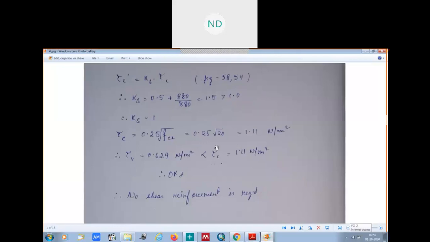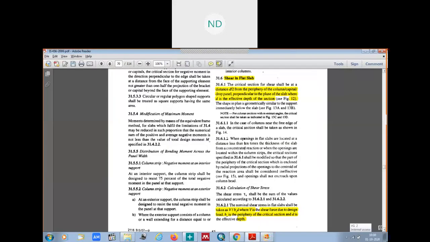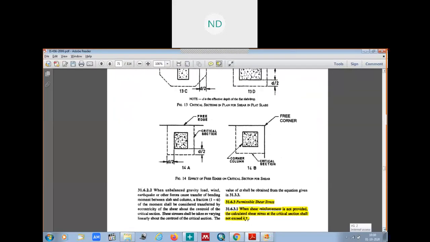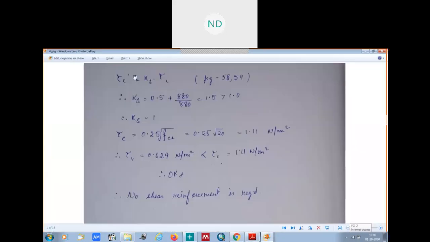Then what is our tau c dash? We know from our IS code, tau c dash is Ks into tau c, which we have to check. Ks we know is 0.5 plus smaller by longer, but here both are the same.